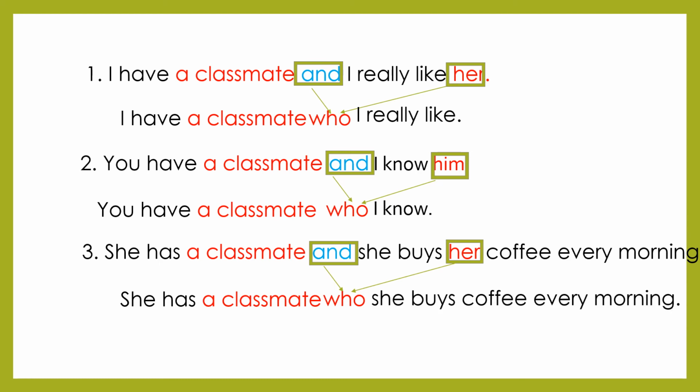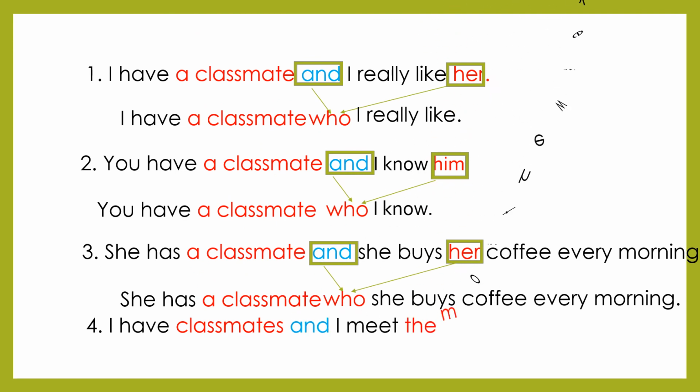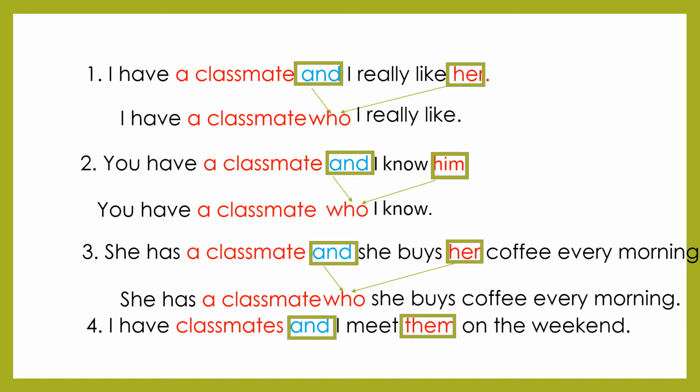Okay. The third sentence, she has a classmate and she buys her coffee every morning. So in this sentence, her is the same person, and her is an object of buys.